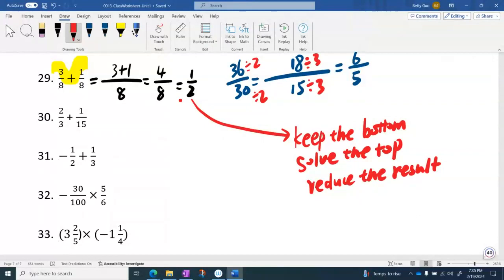When we add or subtract fractions, we must have the fractions have the same denominators. Yeah, we use LCD. We needed the 2 fractions have the same denominators in order to add them or subtract them. So that's when we need to use LCD, the least common denominator. So number 30, 2/3 plus 1/15.